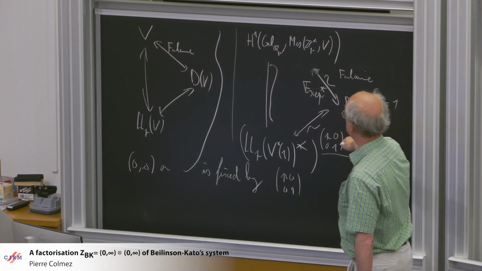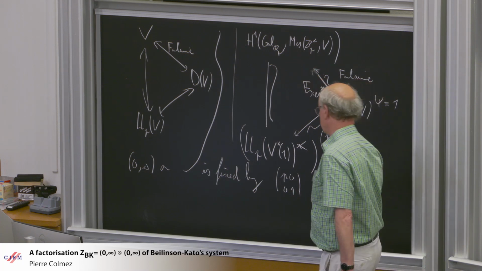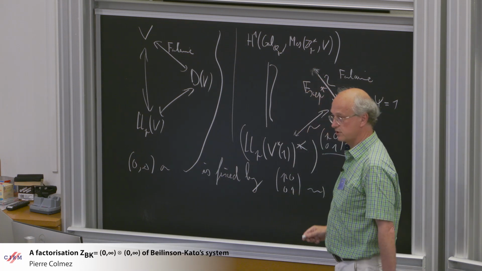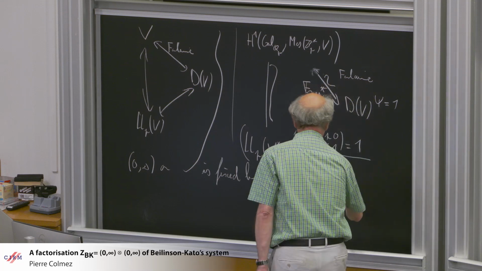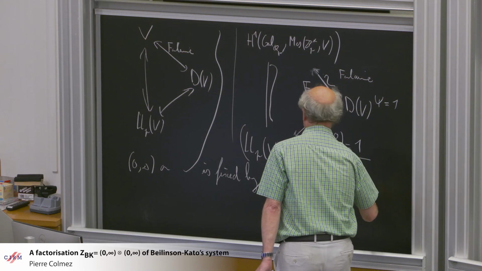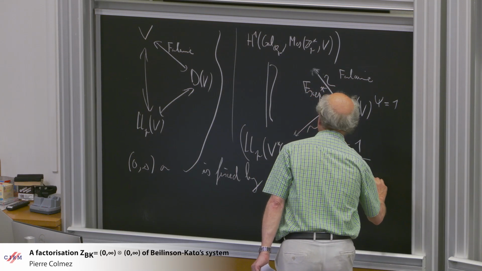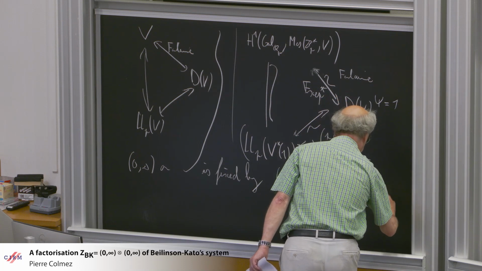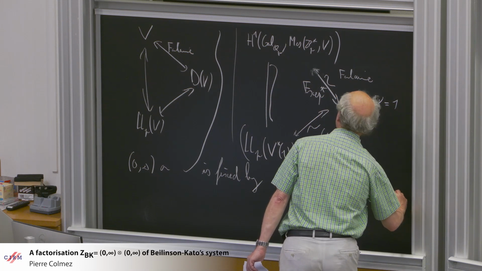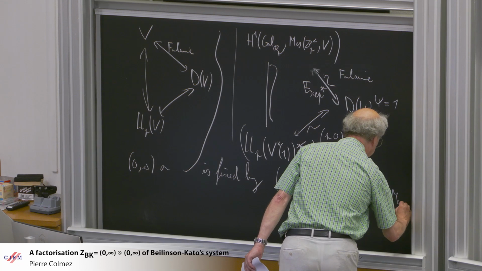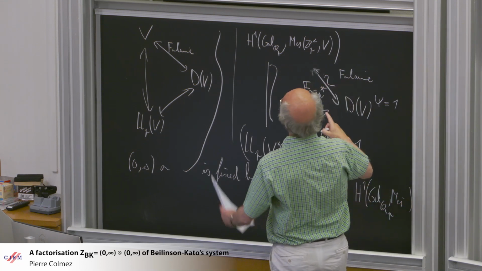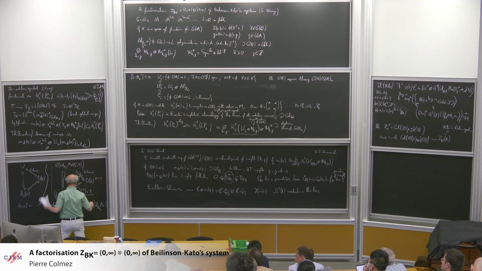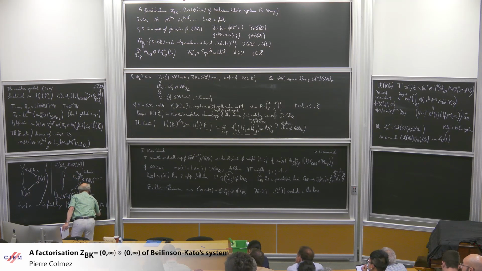Okay, and if you believe in my diagram, this produces some element in H1 of Gal Q_p, measures, etc. And you add this also, so you get into M et al of pi dual, tensor this element.